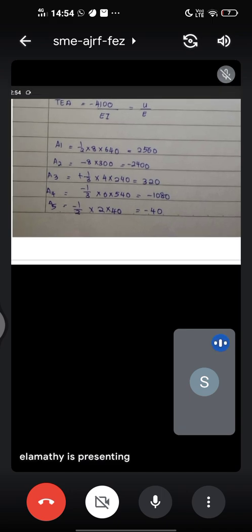Like a2 we multiply with negative 8, like a3, 1 over 3. And for a4 and a5 you have to look carefully because they are negative. So the final answer for a1 is 2560, a2 is negative 2400, a3 320, a4 negative 1080, a5 is negative 40.